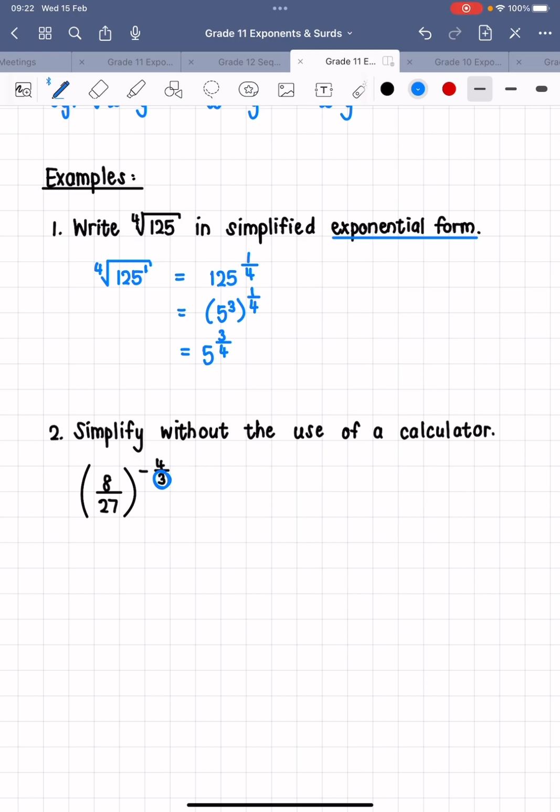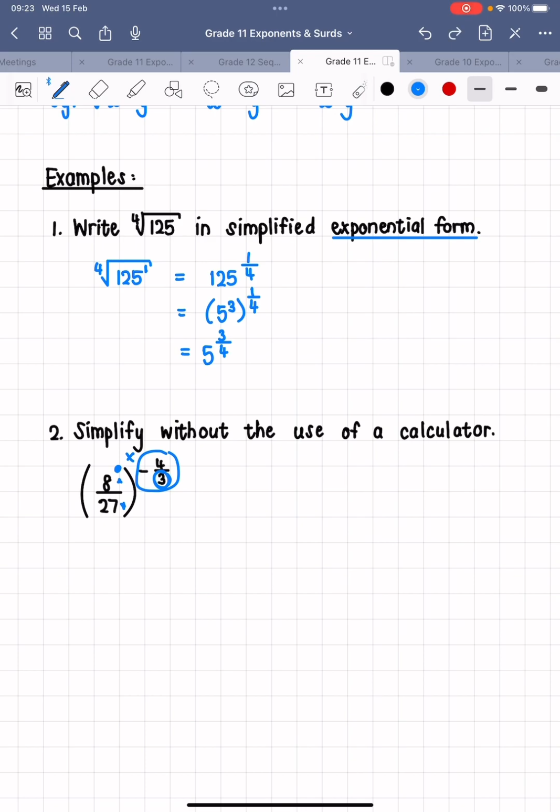Now guys, remember, if you have an exponent inside a bracket and outside a bracket, like we have here, you multiply those exponents together. So if I want to get rid of that 3 at the bottom of the fraction, then I need to write both of my parts, my numerator and my denominator, in the brackets, as a number to the power of 3.